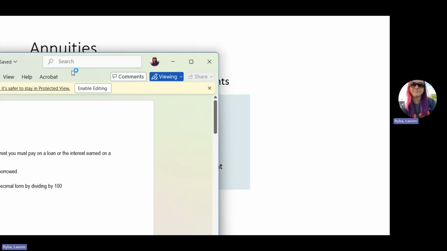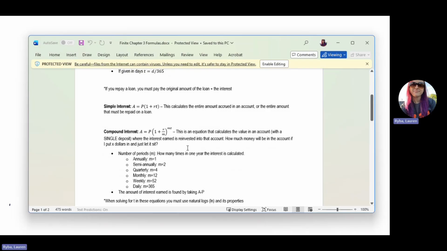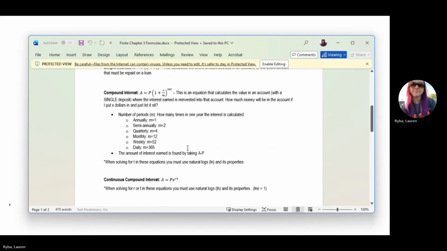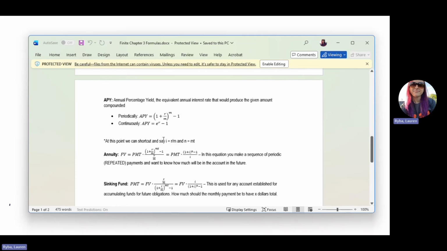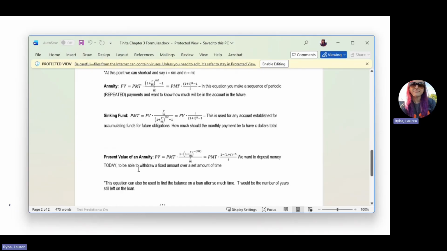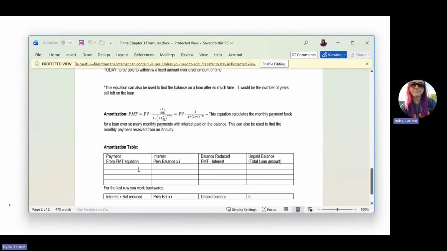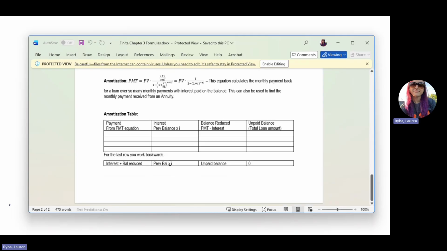Pull that up for you quickly here. It looks like this. All of the formulas are going to be there, along with some little extra notes, like, hey, if you're solving for t, that's where we log both sides, things like that. So we're down here for annuities and sinking funds. And then next week, we'll talk about loan amortization.